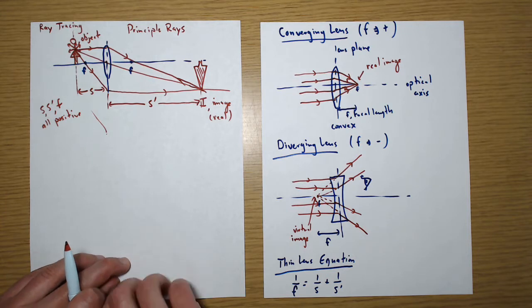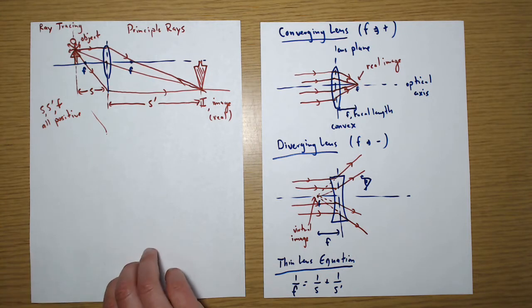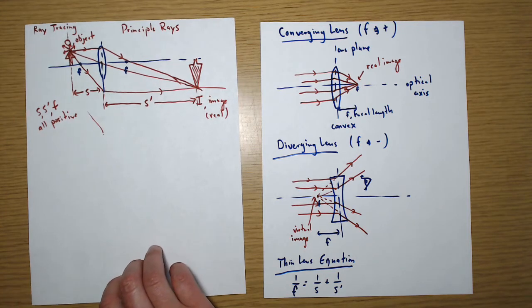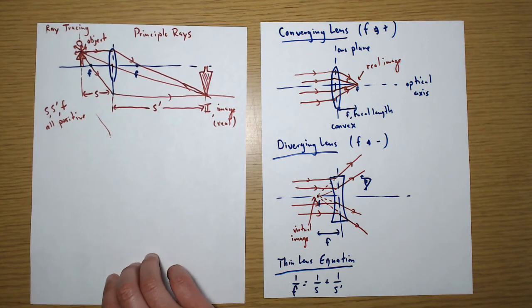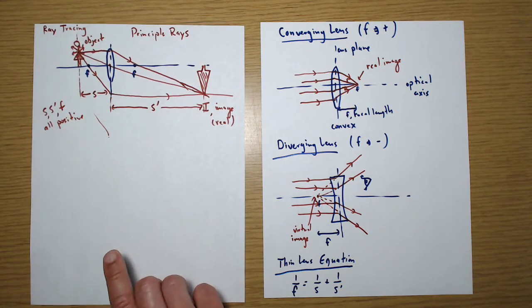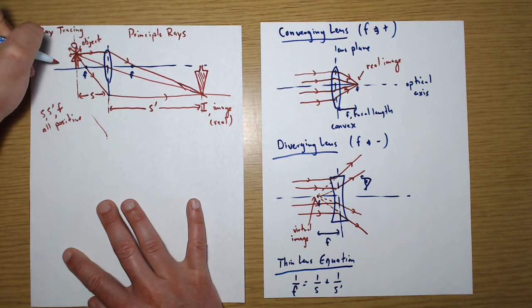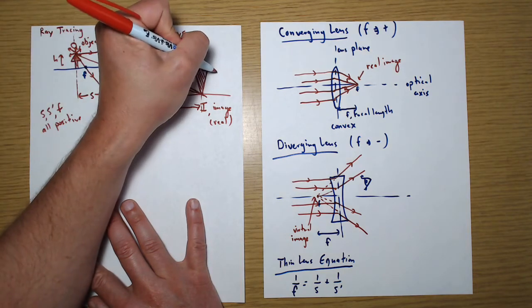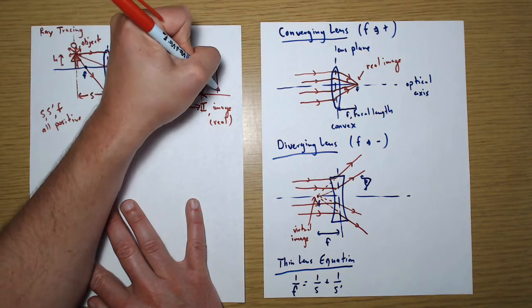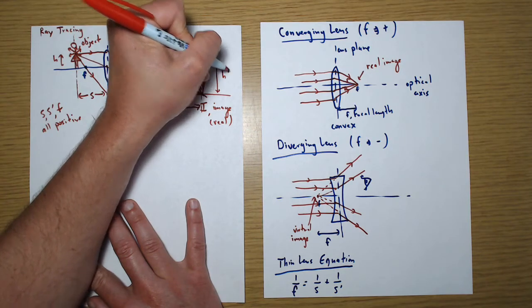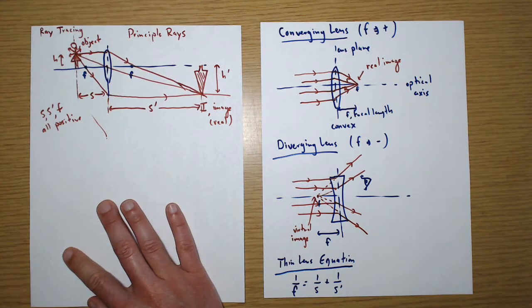Okay. Now, one other property here for lenses, and that's called magnification, because you'll notice here that the image, just as I've drawn it here, is not the same size as the object. So let's say the object initially has a height of h, and then the image has a height of h prime.